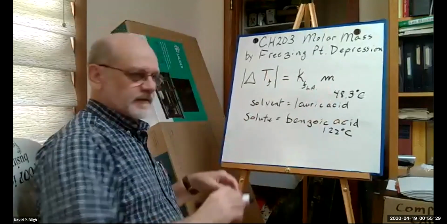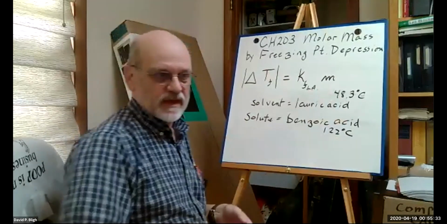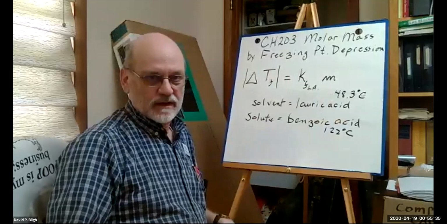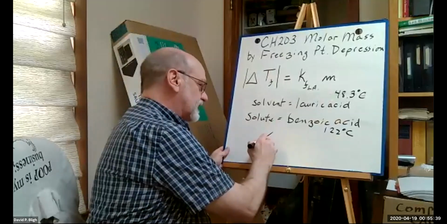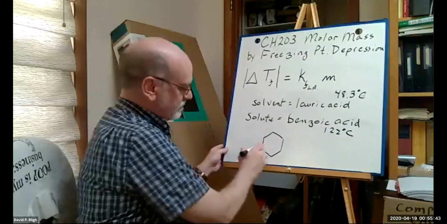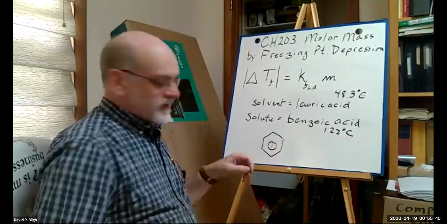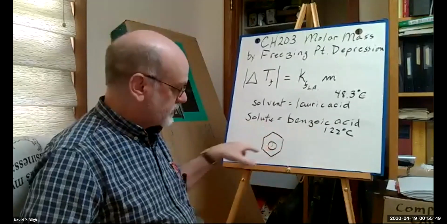So benzoic acid. You've heard of benzene, right? It's on the EPA and OSHA's bad list. But benzene is a cyclical compound, like that. And it's aromatic, so we represent it with this, 6 carbons.